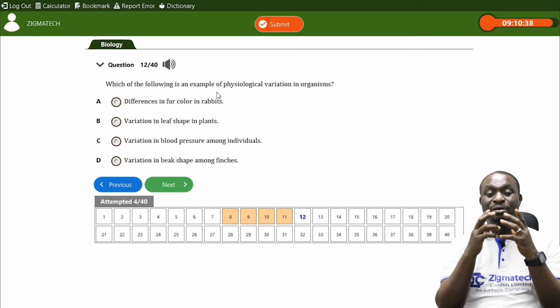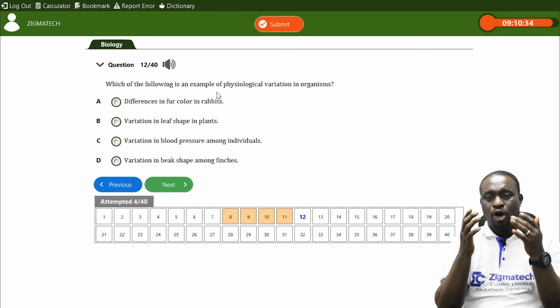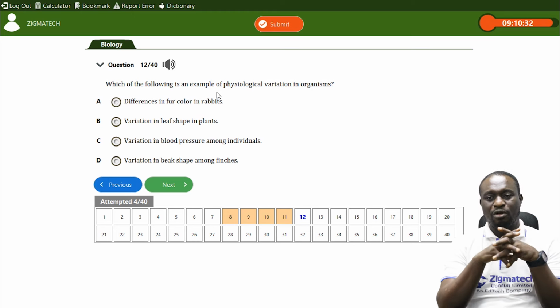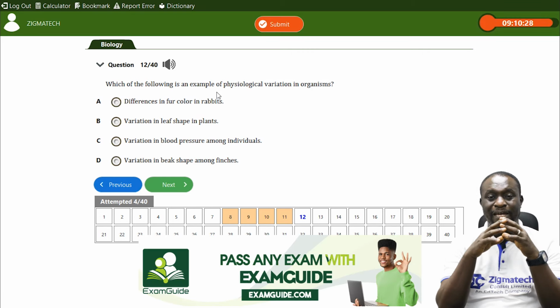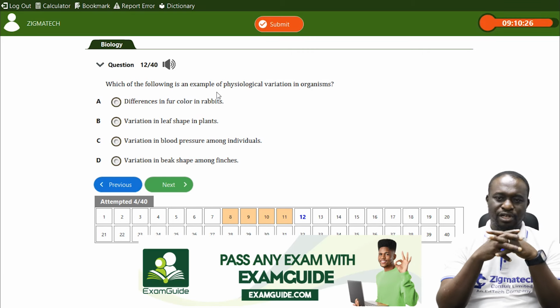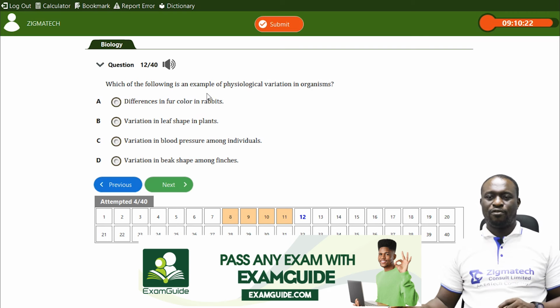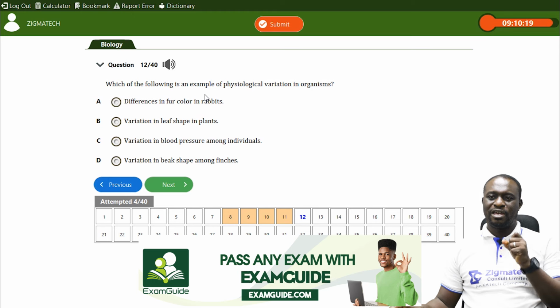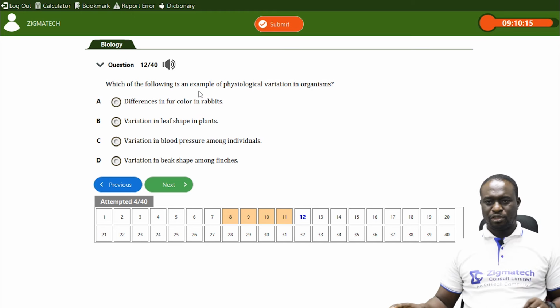Now, the shape of the beak is also an external feature. Therefore, option D is an example of a morphological variation. So the correct answer to that question, which of the following is an example of a physiological variation, is option C: variation in blood pressure among individuals.